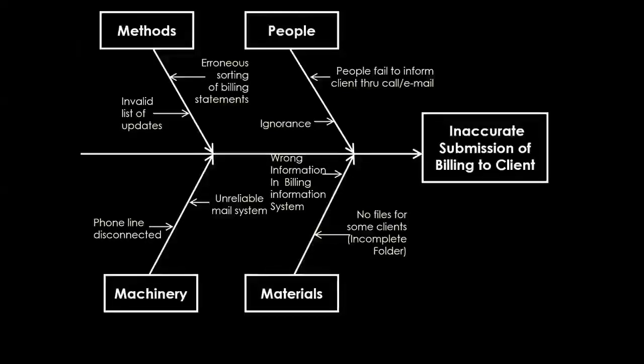Those are other issues, because of which the material is incorrect. At the same time, you can see another two issues with the machinery, and another two issues with the methods.